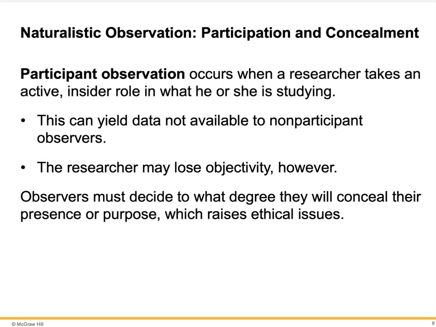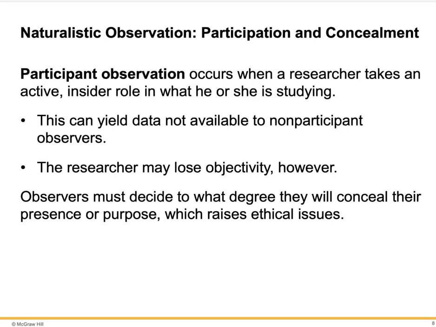So sometimes a participant observer is non-concealed to certain members of the group who give the researcher permission to be part of the group as a concealed observer. And obviously we want to take the ethics of doing that into account, but sometimes participant observation can yield data that's not available to non-participant observers. And the researcher then may lose objectivity.